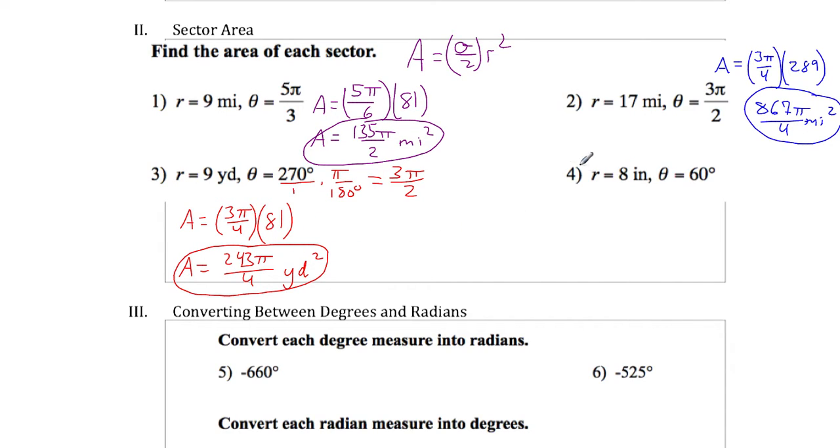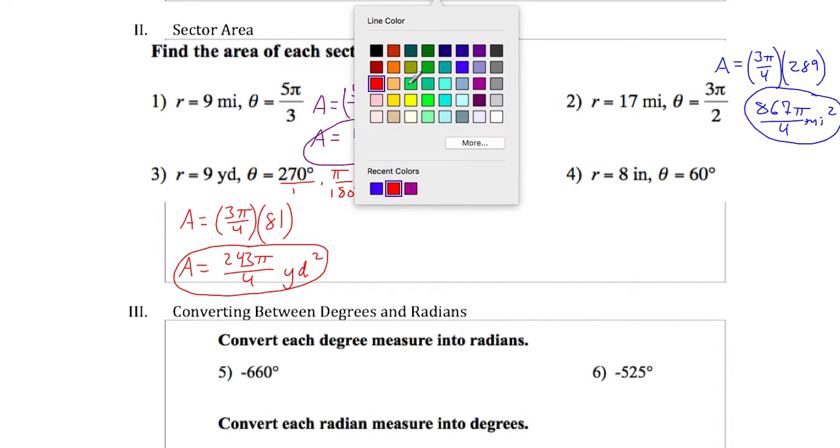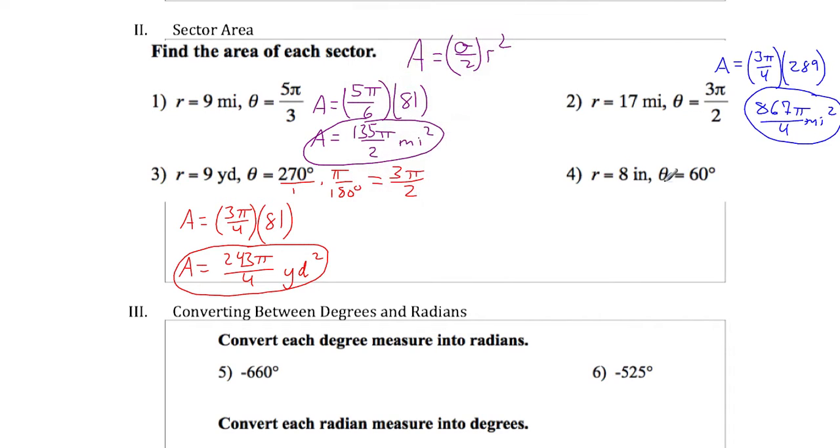And that's the answer. And then finally, again, we are given degrees, so we need to convert this into radians. So we should know that this 60 degrees is going to be pi over 3, but in case we forget, we multiply by pi over 180 degrees, and we get 60 over 180, which is 1 pi over 3.